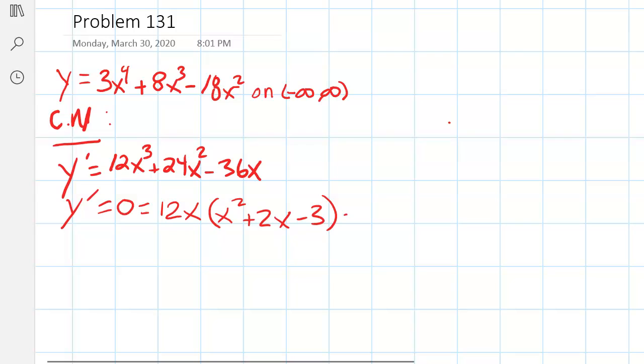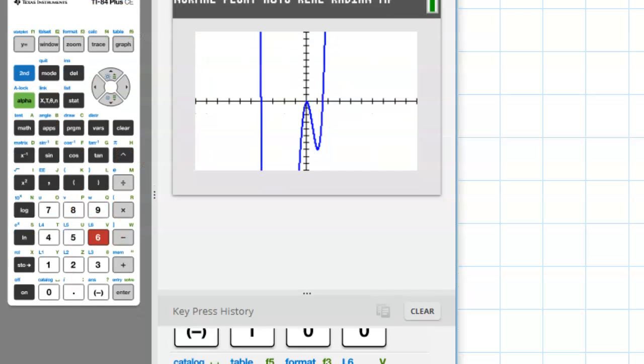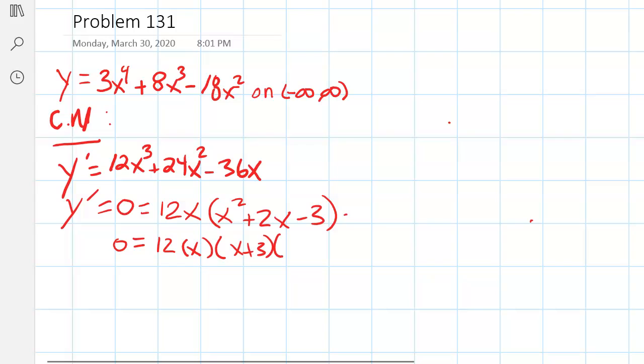And I'll go ahead and factor that remaining polynomial, which is going to be x plus 3 times x minus 1. So the critical numbers will be at x equals 0, -3, and 1.